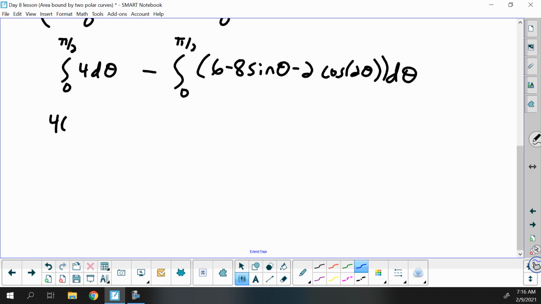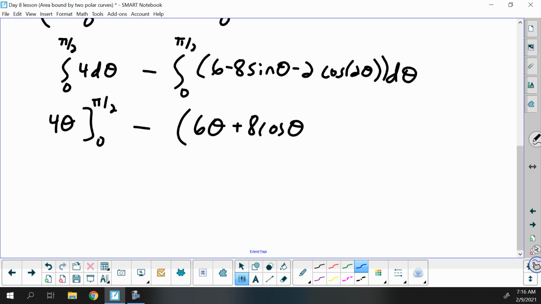So here we'll just have 4 theta going from 0 to pi over 2. Minus, we're going to have 6 theta plus 8 cos theta. We'll have a sine here, but we've got to do a correction by multiplying by a half.